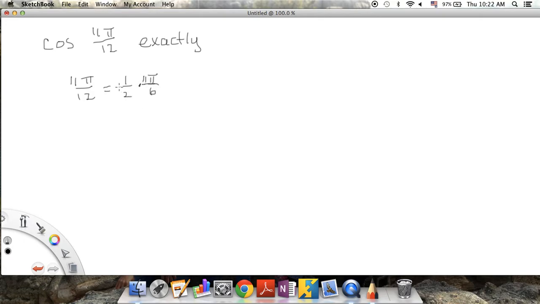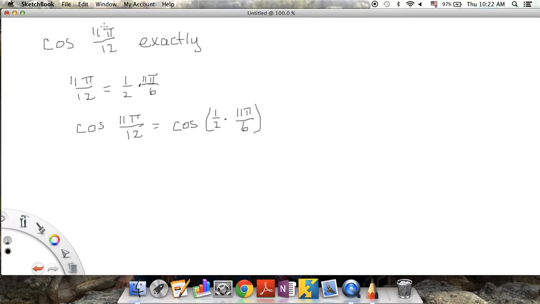So we can use a half angle formula for that. So the cosine of 11 pi over 12 is equal to the cosine of 1/2 times 11 pi over 6.